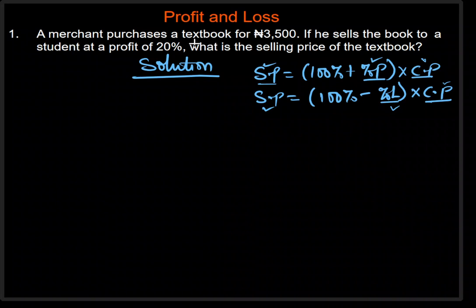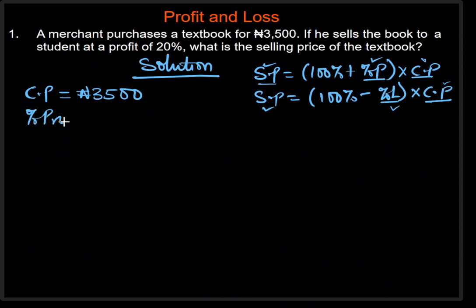Right, so let's see what will happen. A merchant buys a textbook, so the cost price is equal to 3,500 naira. If he sells the book to a student at a profit, our percentage profit equal to 20%, what is the selling price of the textbook?